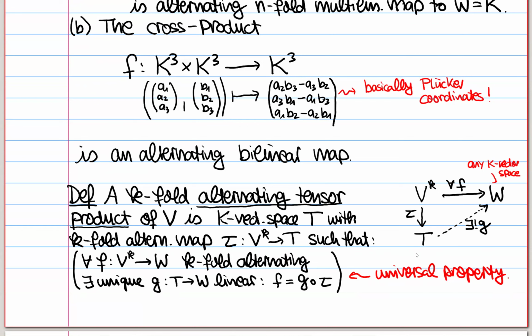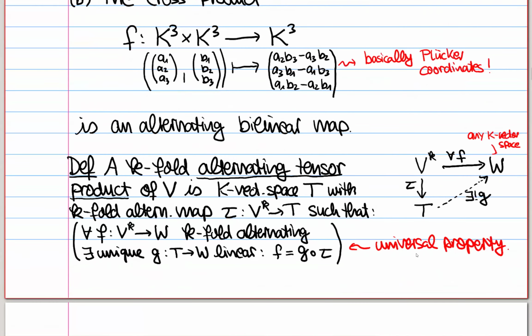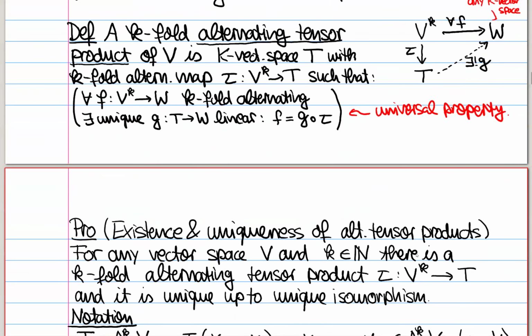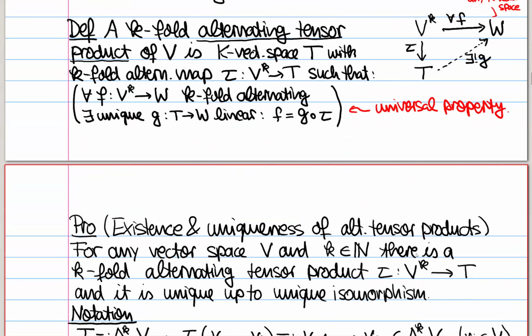And so we define something via a universal property, so inescapably, you have to follow this up by some existence and uniqueness result. Namely, if you have a vector space V and this k fixed, then there exists a k-fold alternating tensor product as above, and it is unique up to unique isomorphism.